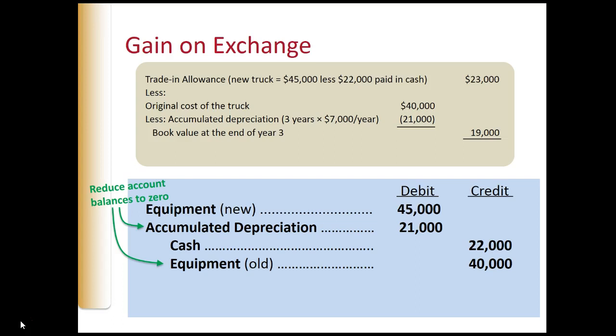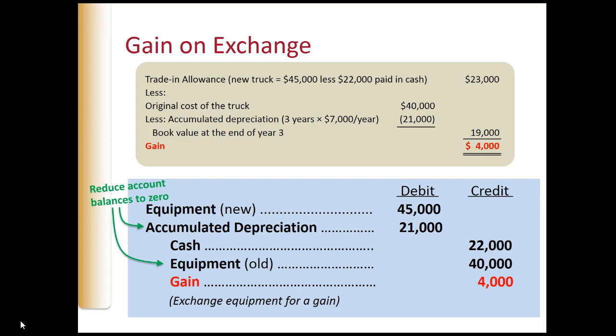We have a $4,000 gain as calculated on this slide. So the trade-in allowance is $23,000 less the original cost of the truck minus the depreciation. Our book value here would be $19,000. So we would have a gain of $4,000.